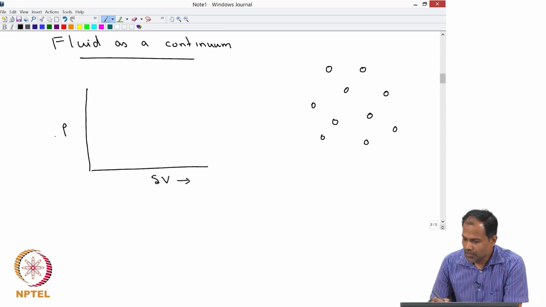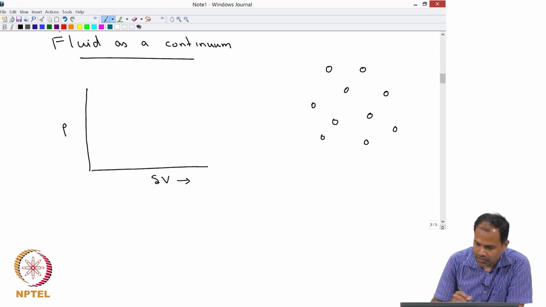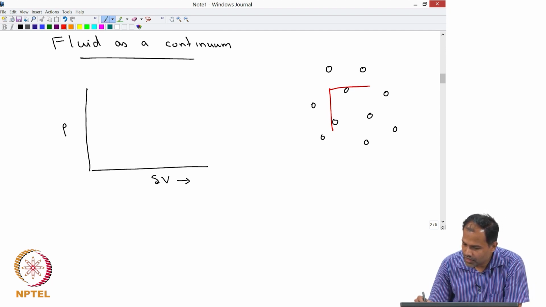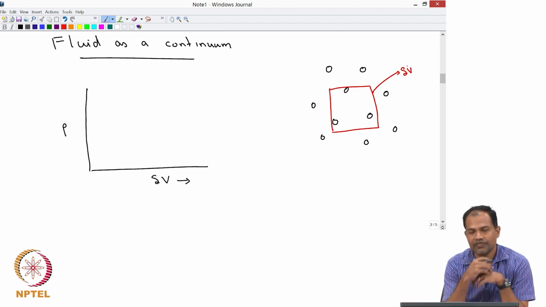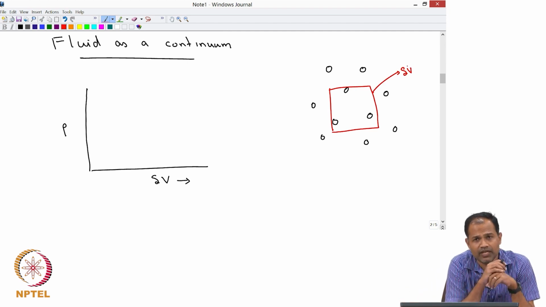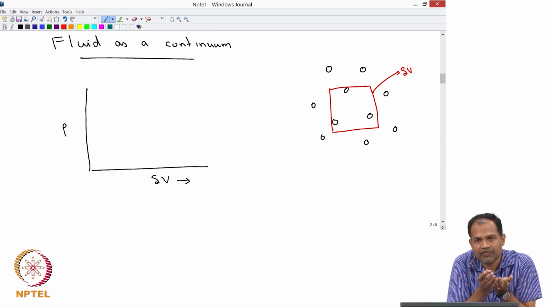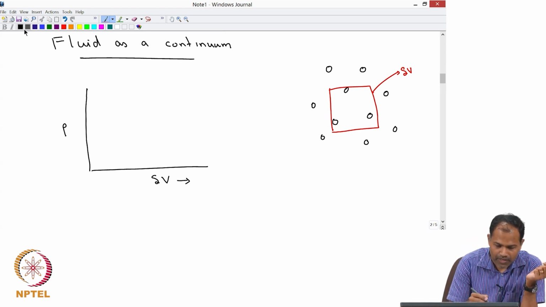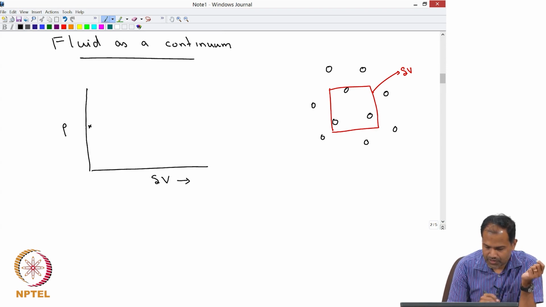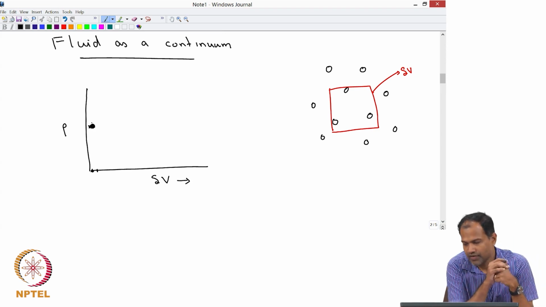So what I am going to do is take a small volume, let us say a volume that I have represented as delta V, a small volume where I can see individual molecules, and then I am going to calculate the density. The way I would calculate the density is the total mass divided by delta V, and that will give me my density, and I will mark that point somewhere. Let us say that is the point that I have gotten.